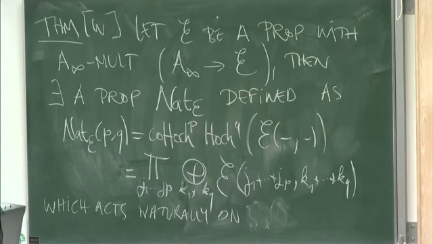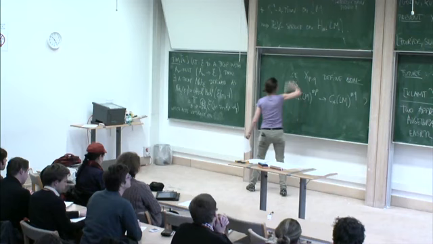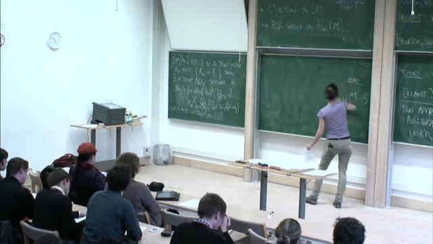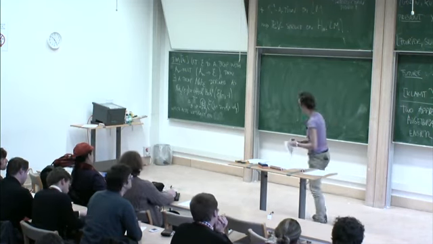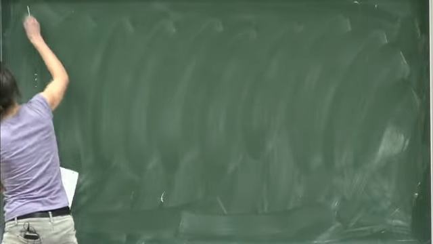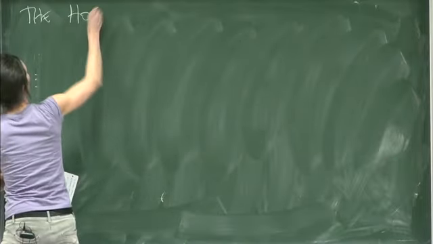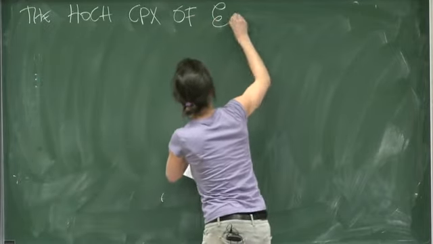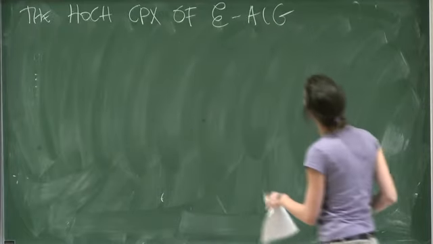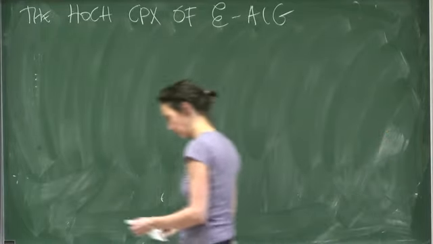So it acts naturally on the Hochschild complex of algebras over this prop. Algebra, so it gives me maps as I was looking for.